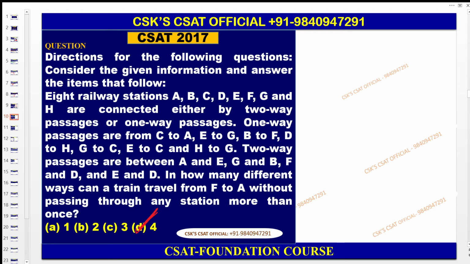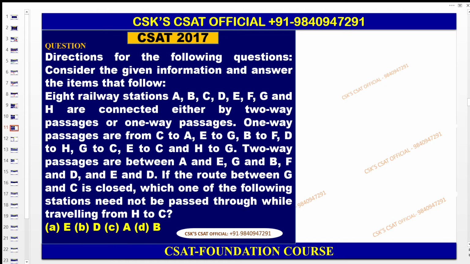So next question. Check this one. If the route between G and C is closed, which one of the following stations need not be passed through while traveling from H to C? So let us move on to the diagram.